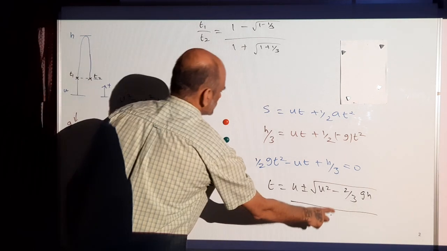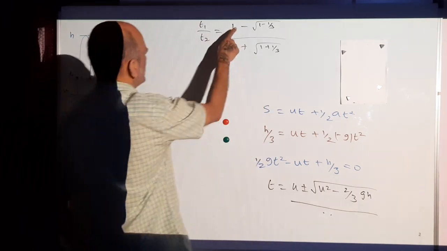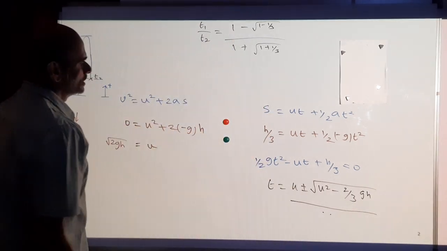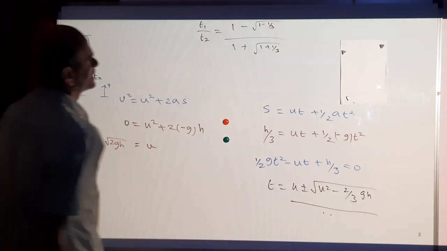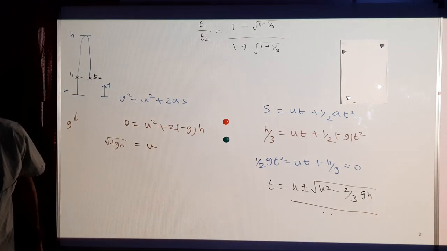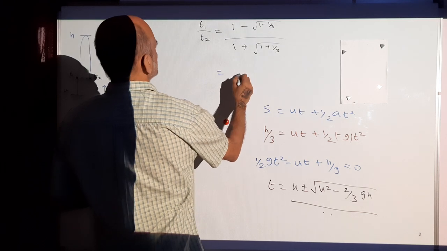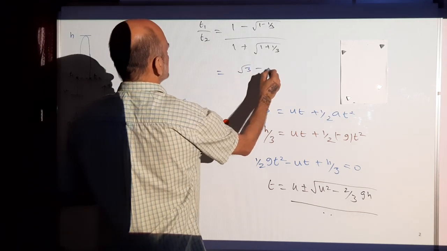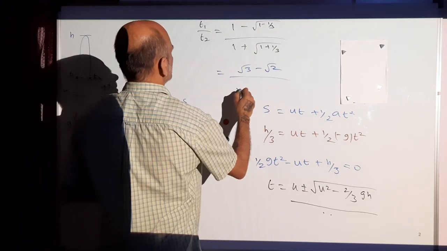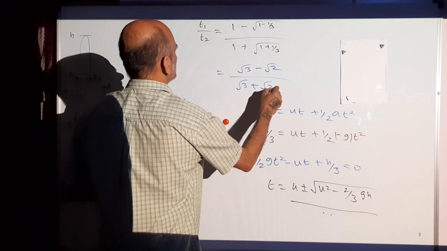T1 by T2 is the ratio of these numerators with the minus sign for T1 and plus sign for T2. Denominator is same 2a, that will cancel. And this is 2/3. So this will become root 3 minus root 2 divided by root 3 plus root 2.